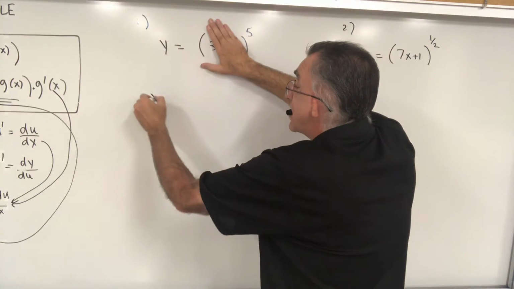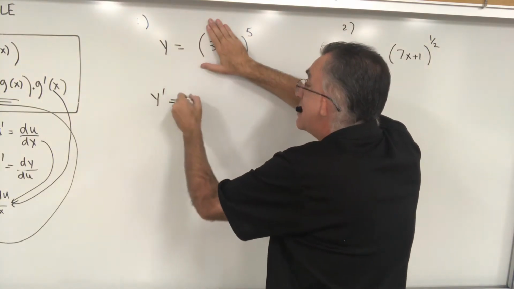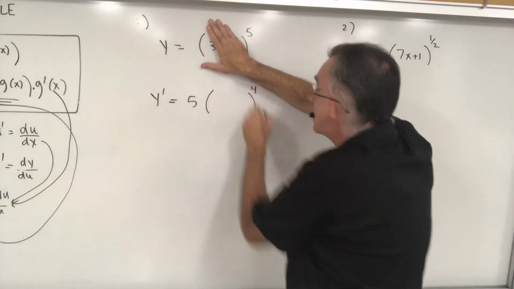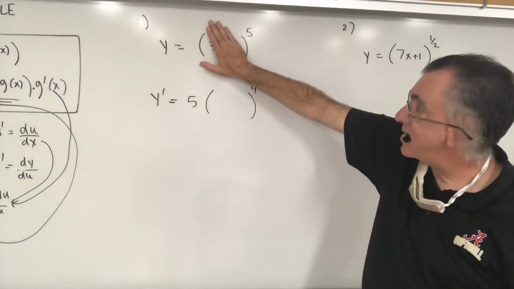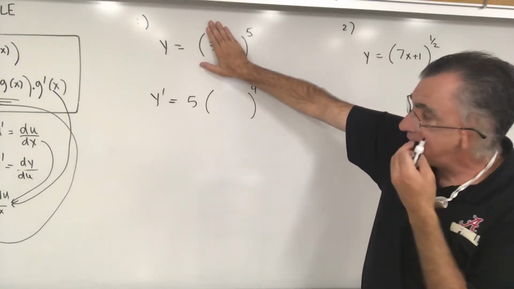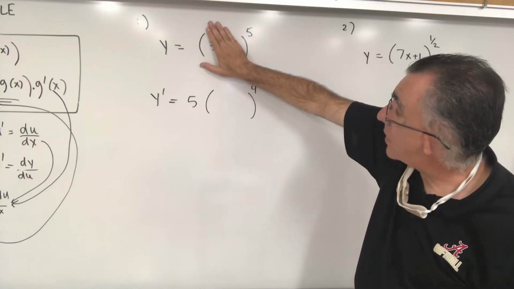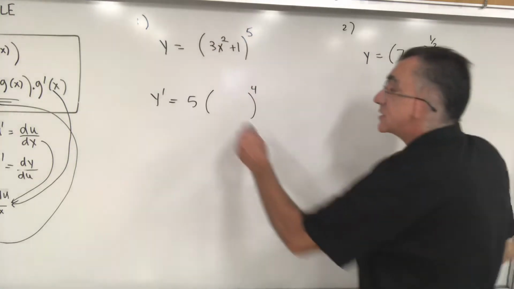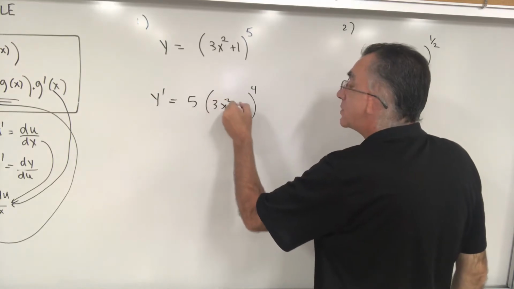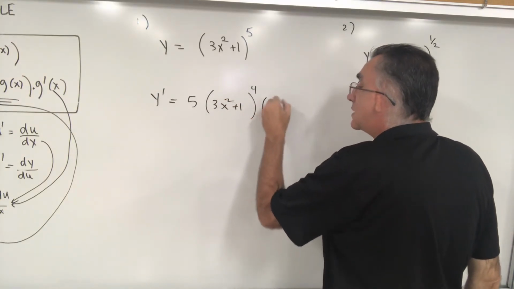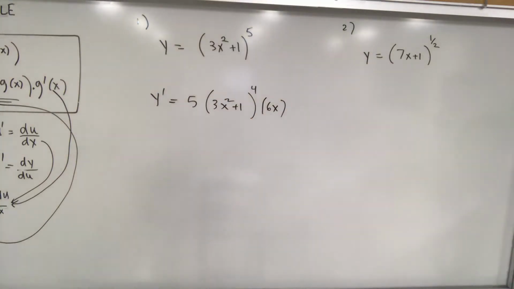The derivative, if I covered it up, would be 5x to the fourth. So you take the derivative as if what's in the parenthesis is the function, but then you have to multiply by the derivative of what's inside. So you got 3x squared plus 1 times 6x.